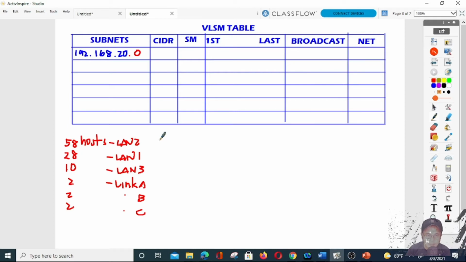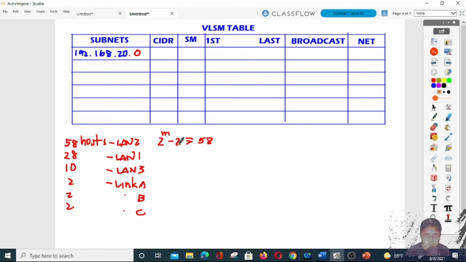Now, in VLSM, we need to borrow bits from the host portion and use the formula 2 raised to m minus 2 is equal to or greater than the number of hosts we need, which is 58. A while ago, for networks, we used 2 raised to n only, without minus 2.